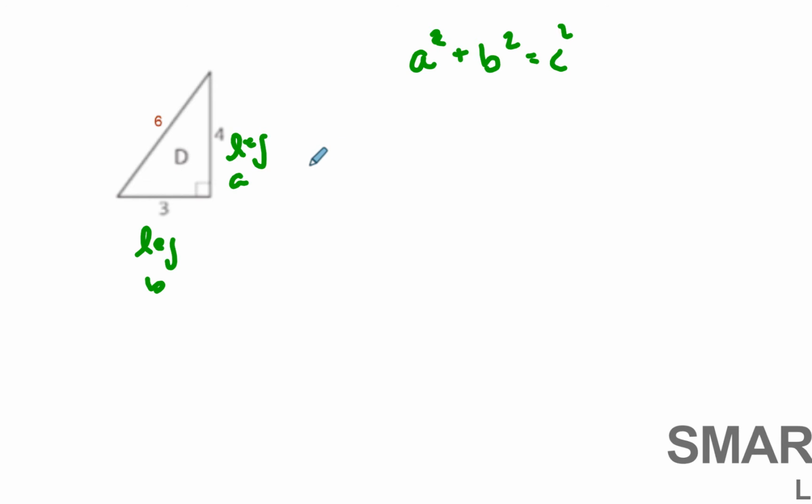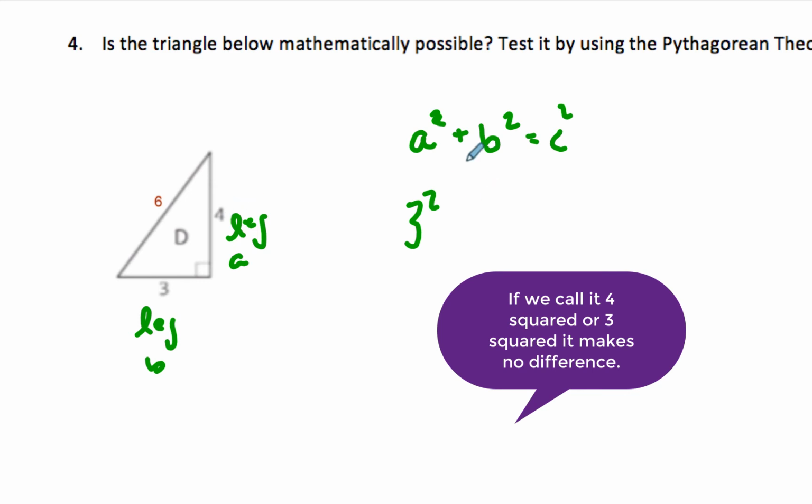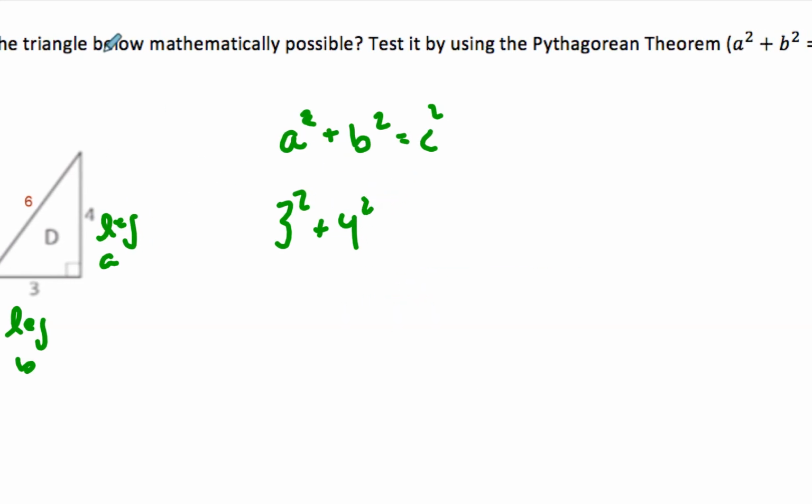So if we look at a right here, we'd say, okay, this is 3 squared, and b squared is 4 squared here. And in this particular question, what we're asking is, is it mathematically possible? So in other words, plug in the numbers for a, b, and c, and we wrote down 6 for c. So we're going to write that in right here.